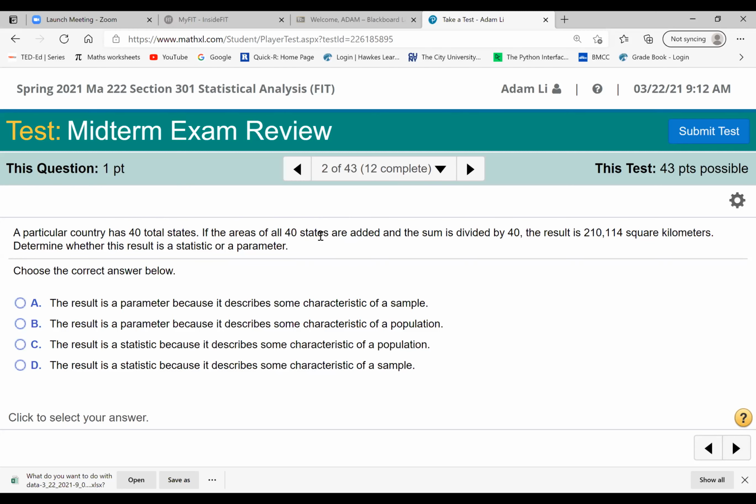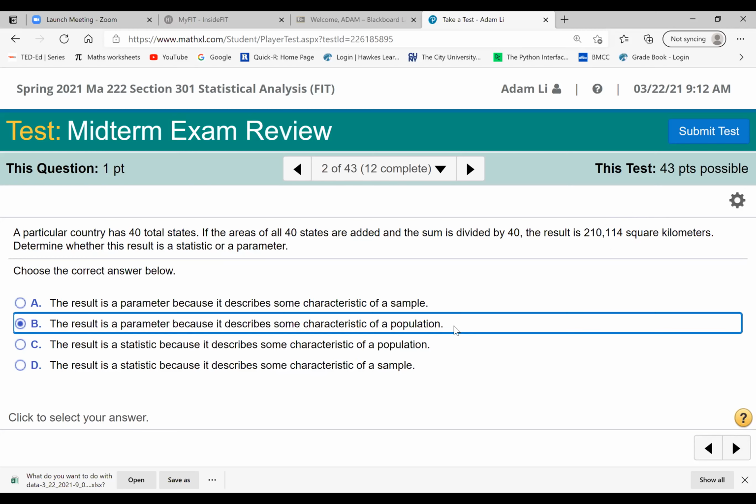Based on this population, you calculate the average area for each state, so we call this a population parameter. The result is a parameter because it describes some characteristic of a population. Any questions so far? Okay, so this is a parameter.